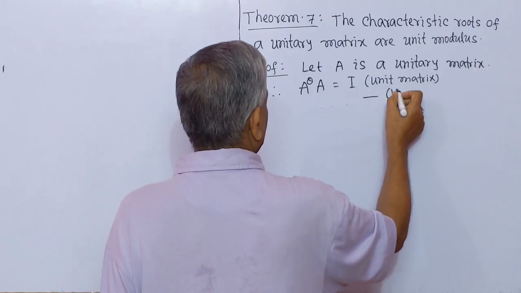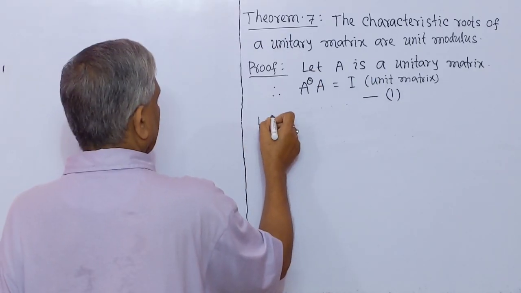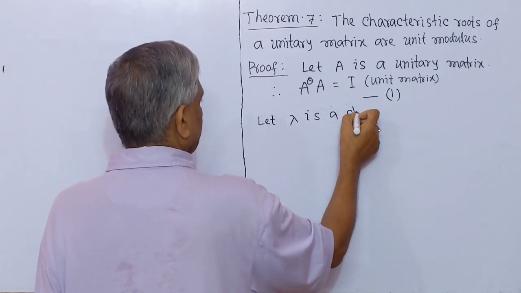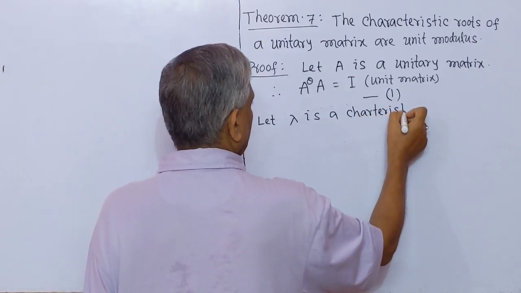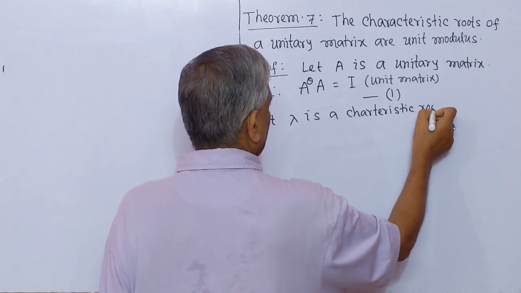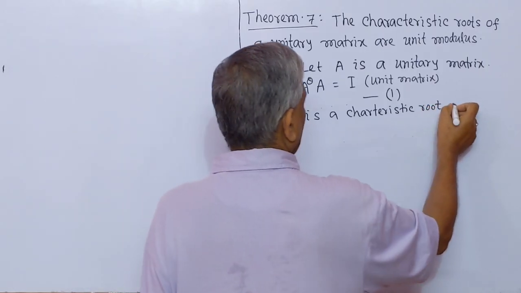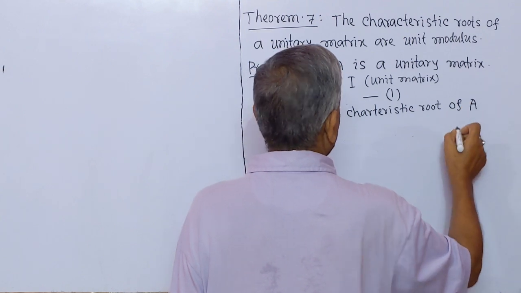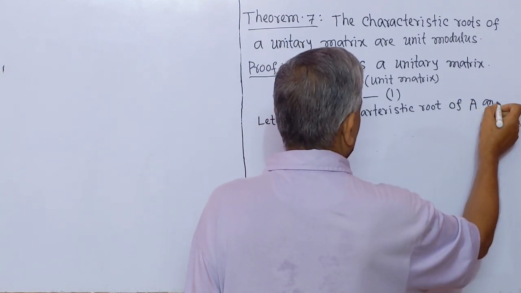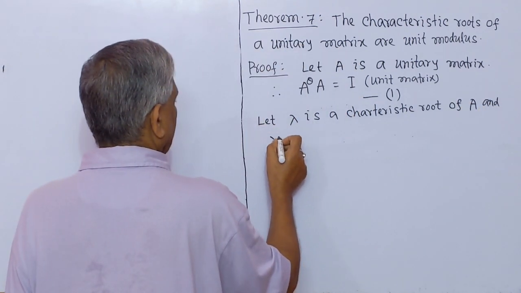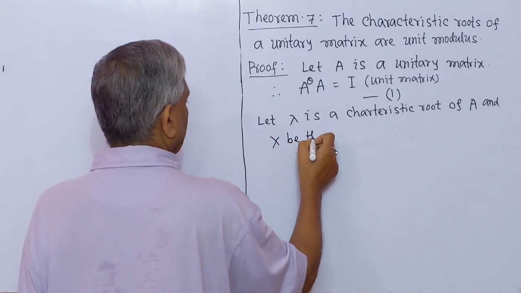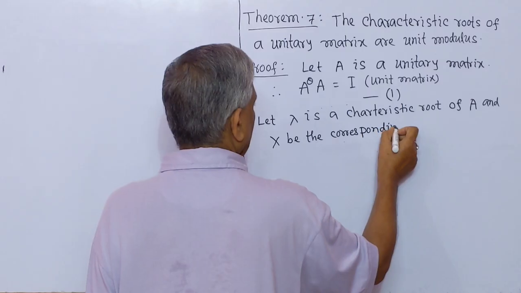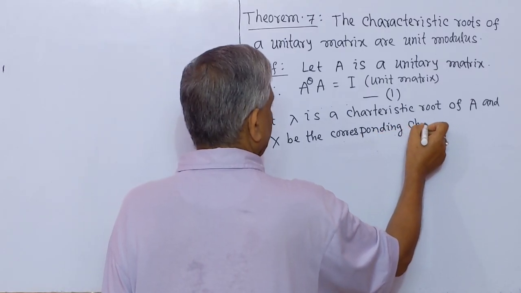This is number 1. Let lambda be a characteristic root of A and x be the corresponding characteristic vector.